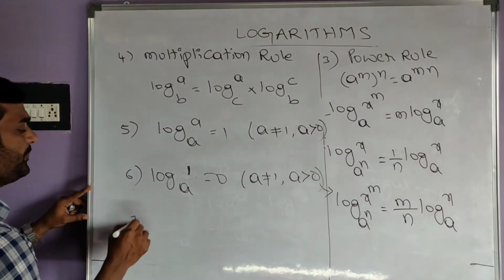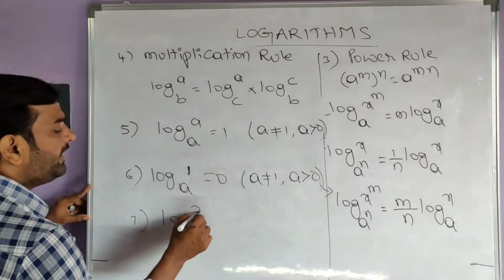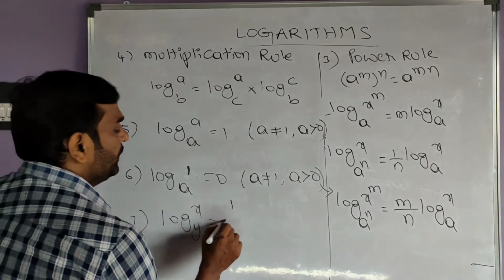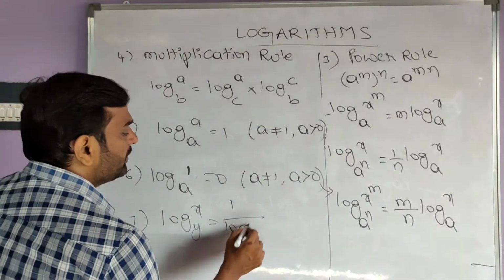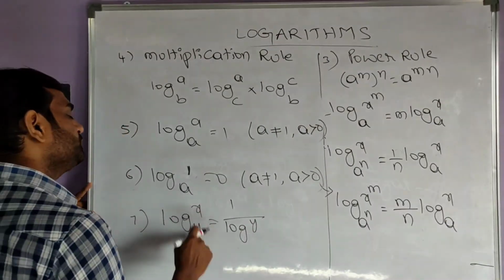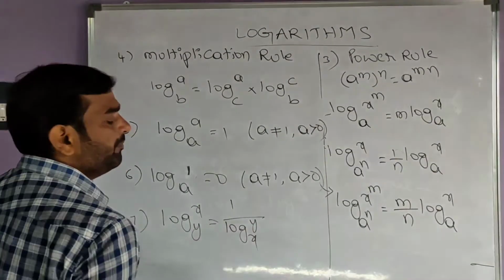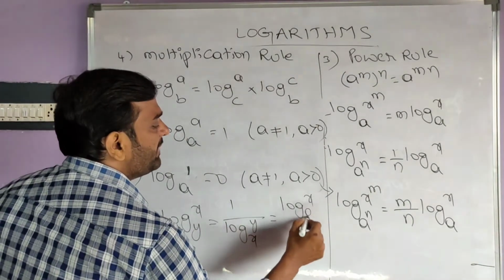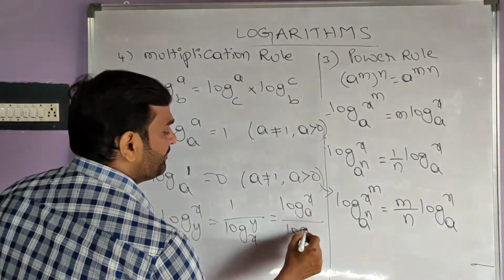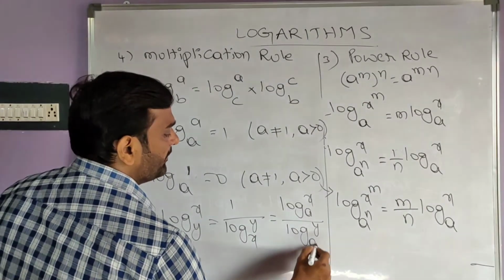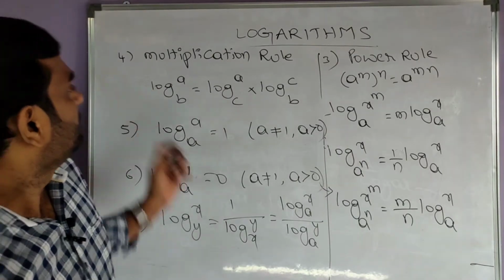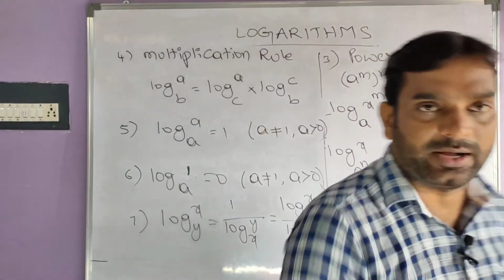And log x base y, if you write in reciprocal, these two are transformed: log y to the base x, and it can be log x base a by log y base a. These are the properties of logarithms.